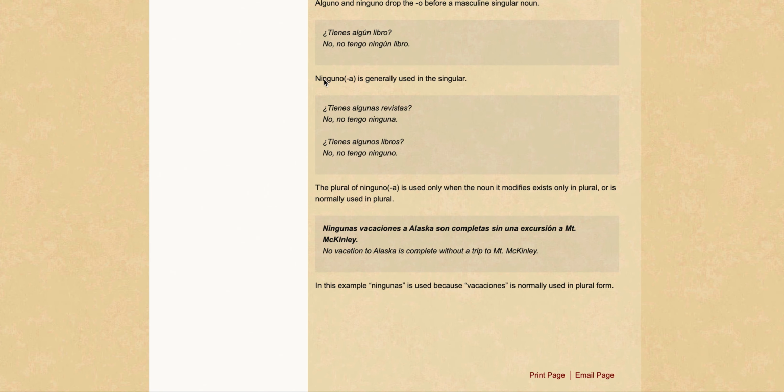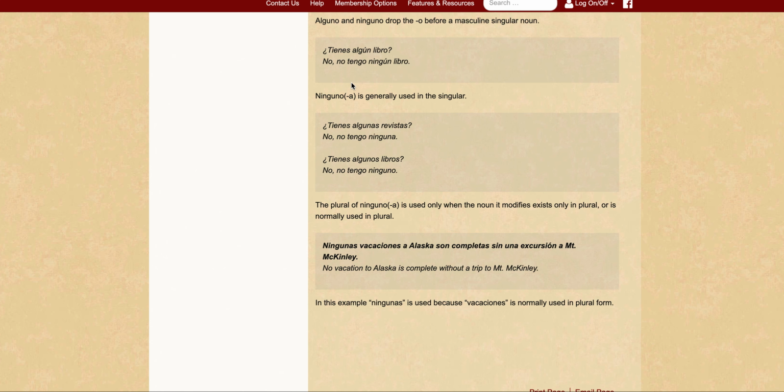And ninguno for masculine and ninguna for feminine is generally used in the singular. So, ¿tienes algunas revistas? No tengo ninguna. And, ¿tienes algunos libros? No tengo ninguno.